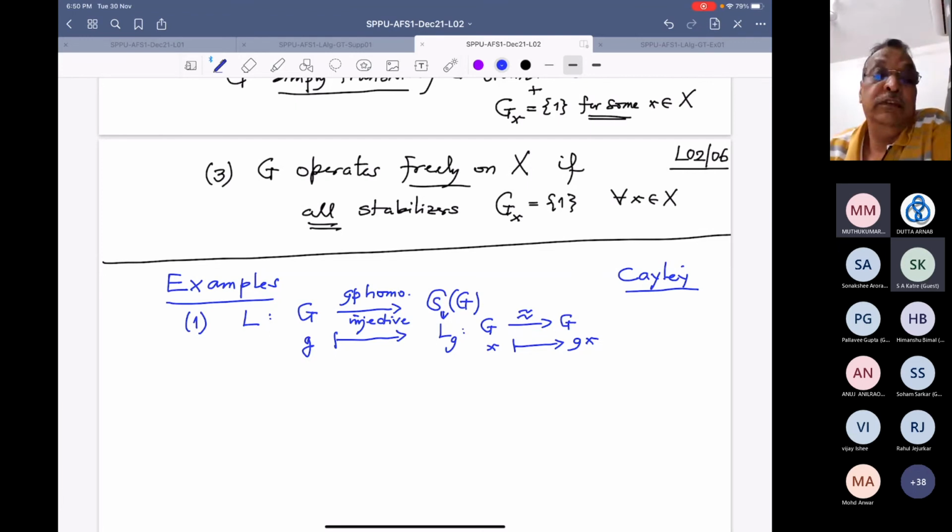So it sits inside this. And now I will say, you find out what are the orbits. I think the orbit will be just one element.